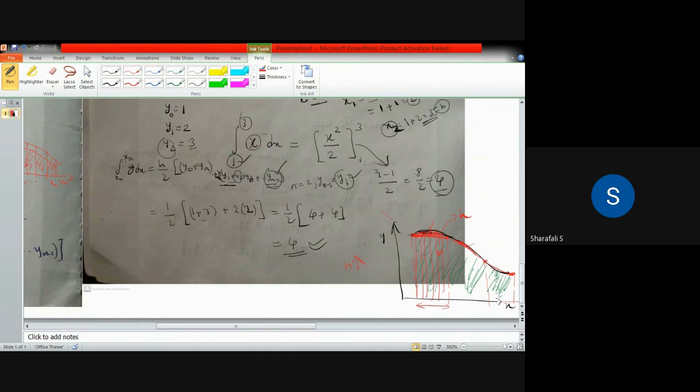When your h is small, you will be taking each and every portion of this curve and you will get the entire area. You will not miss any part of the area. So you will be getting the integral value almost equal to the analytical value. Okay, I hope you understood this section, and that's all about the Simpson's and Trapezoidal Rule.